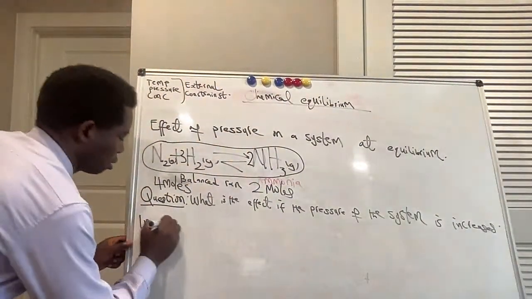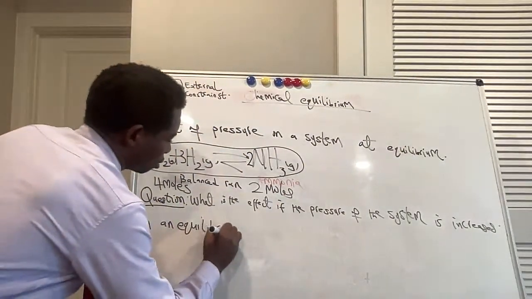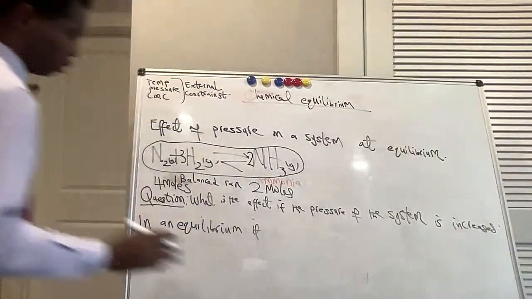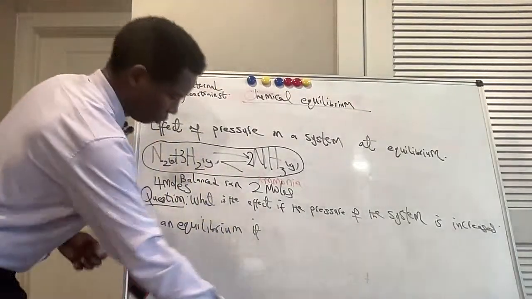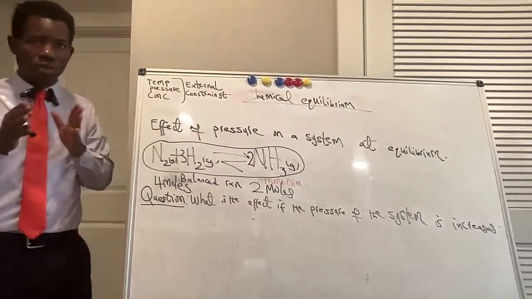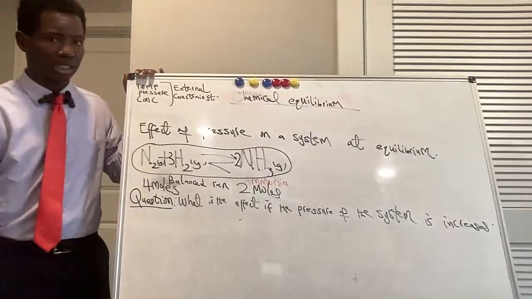In an equilibrium, I don't want to waste time writing, so basically I will dictate it. It is not by explanation, not by notes. You must understand this concept, it's very essential.